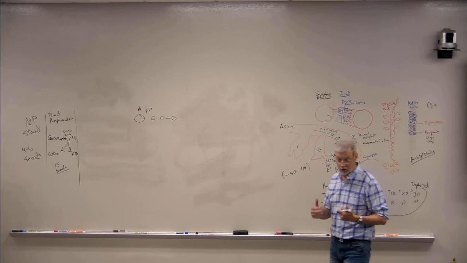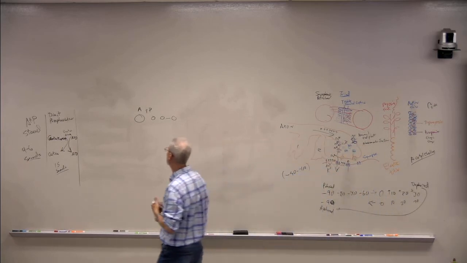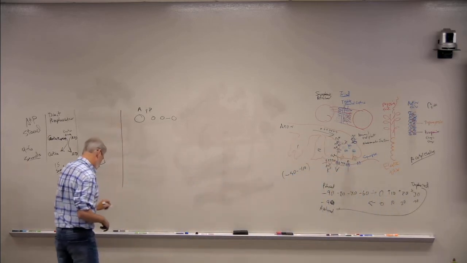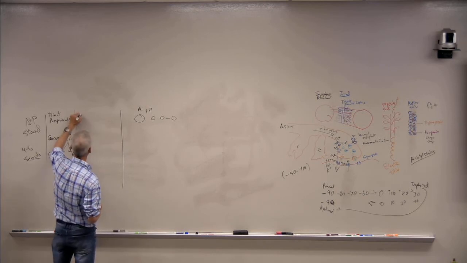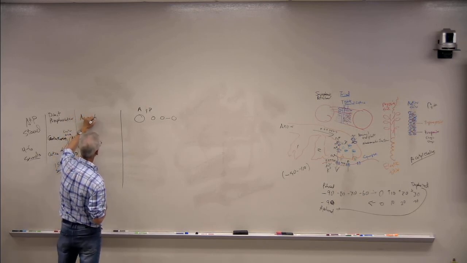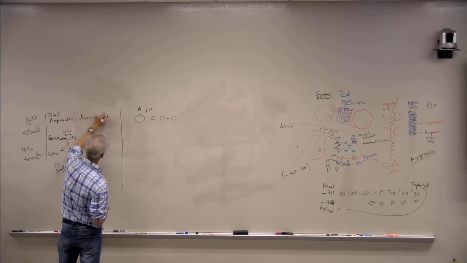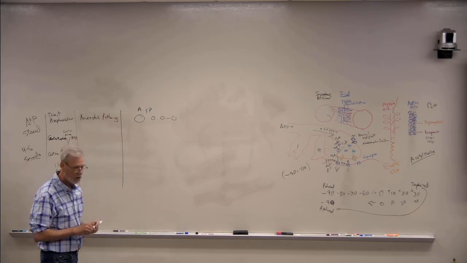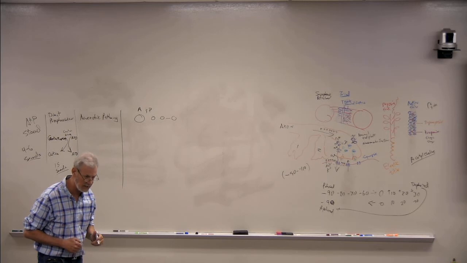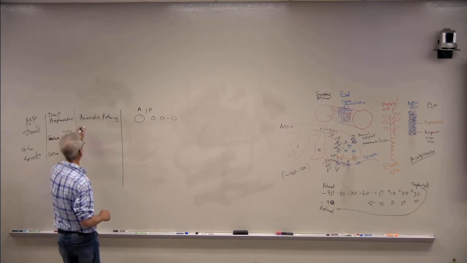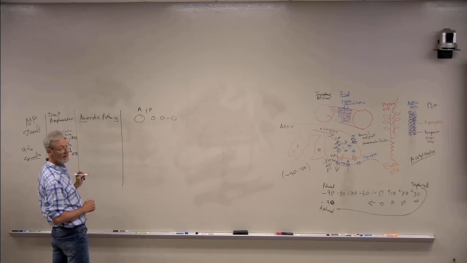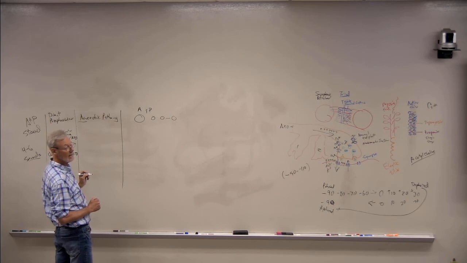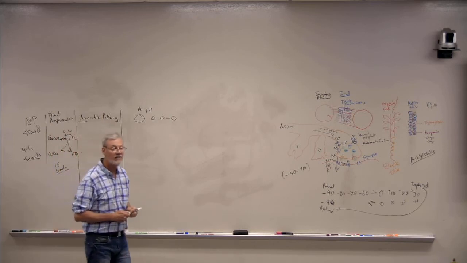Well, guess what? We exercise longer than 15 seconds. So the next system is the anaerobic pathway. Okay? The anaerobic pathway. What in the heck does that mean? Anaerobic. An means not or without. Aerobic is this. Have you heard of aerobics?